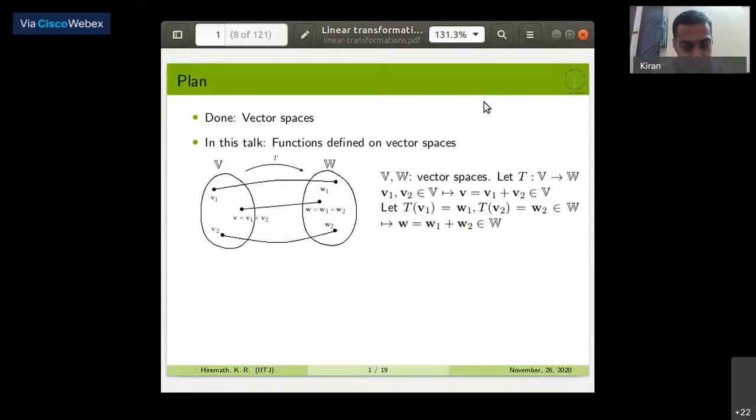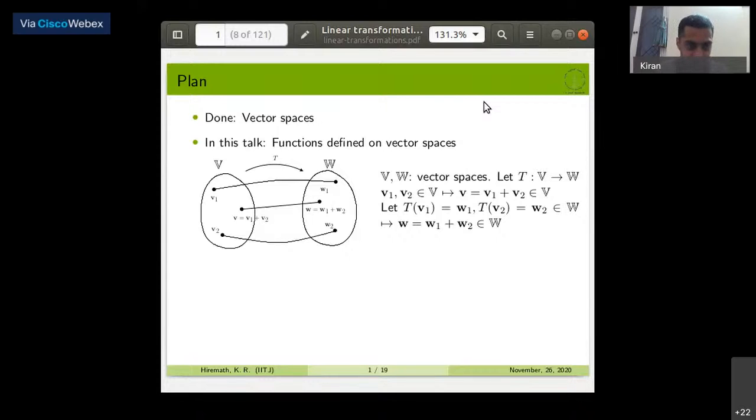And now comes the interesting thing. I'm adding V1 and V2 in V. I'm adding W1 and W2 in W. But there is no connection between these two operations. And I want to define a function which basically sets the relationship between these two things.